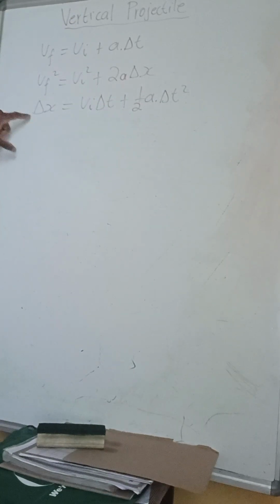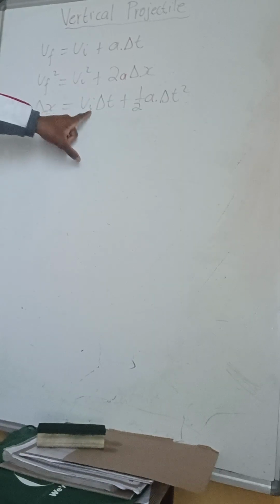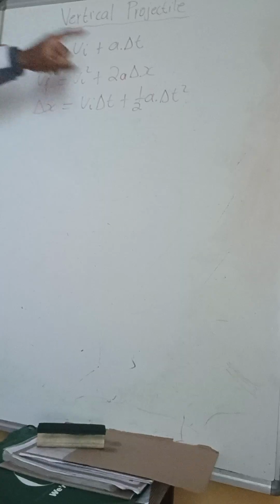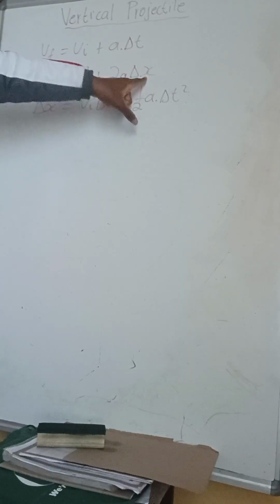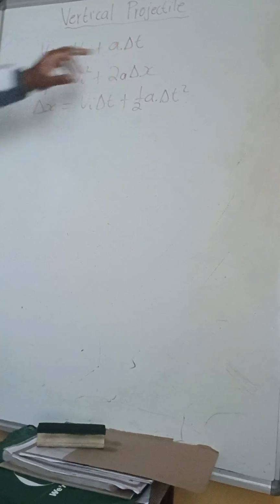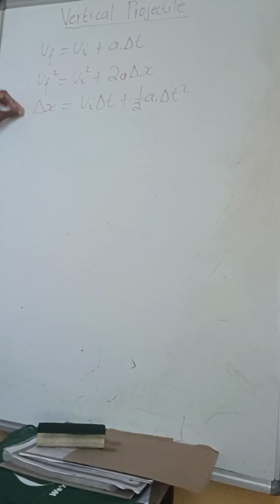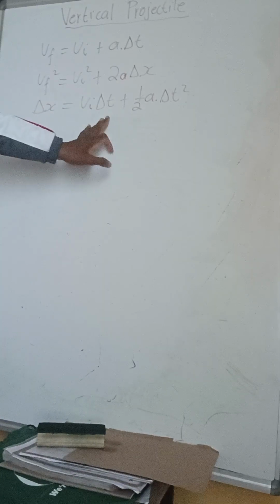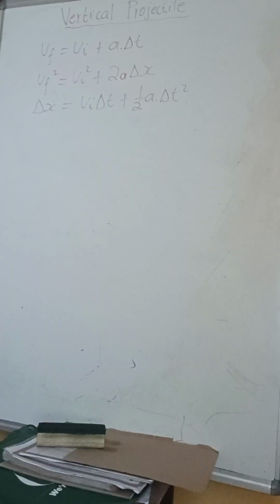This one also is used when you are to calculate displacement. They have given you the initial velocity here. Each and every formula, if you check, this one does not have a displacement, and this one does not have a time. The third formula does not have the final velocity, but it has displacement, initial velocity, acceleration, and also time.